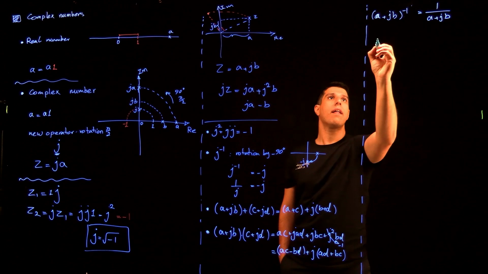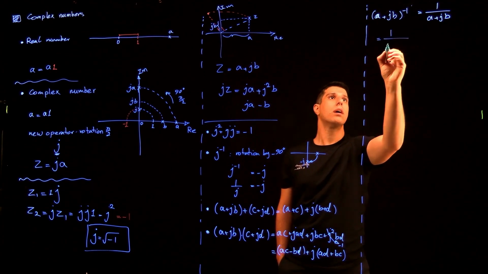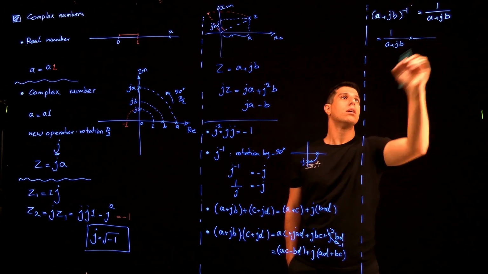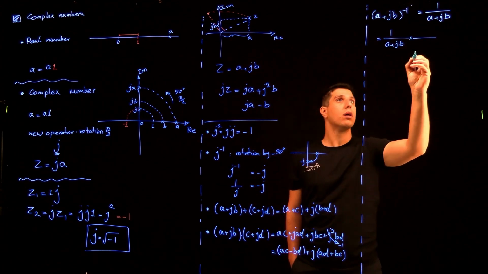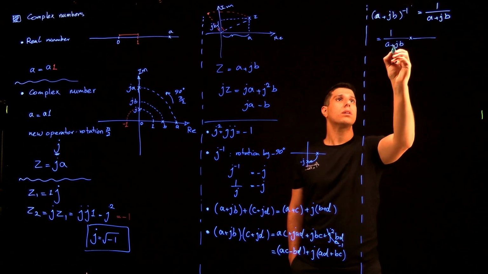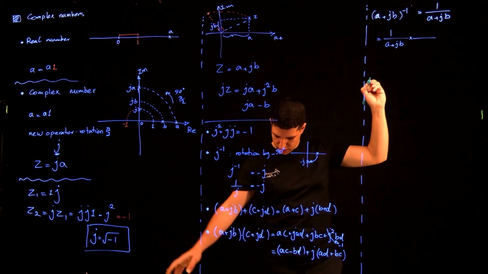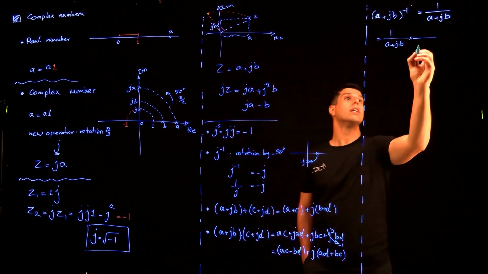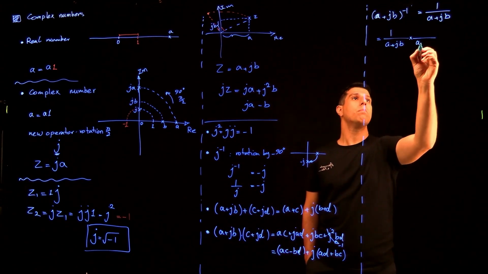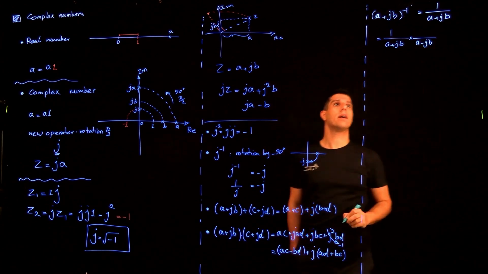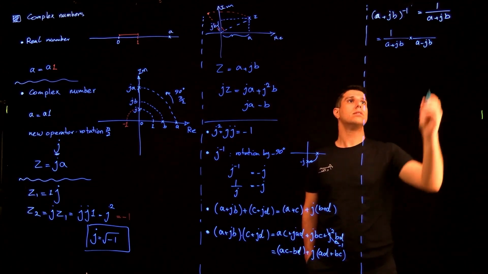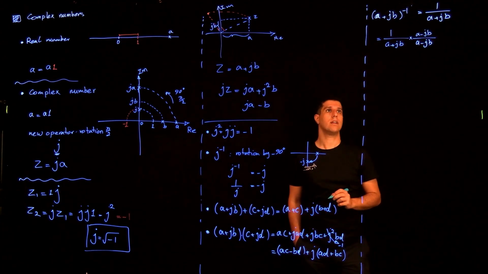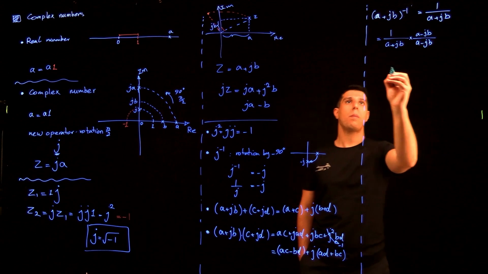So I can multiply it by something, maybe I should have covered it sooner. It's okay. I want to multiply by A minus JB, and see what happens.